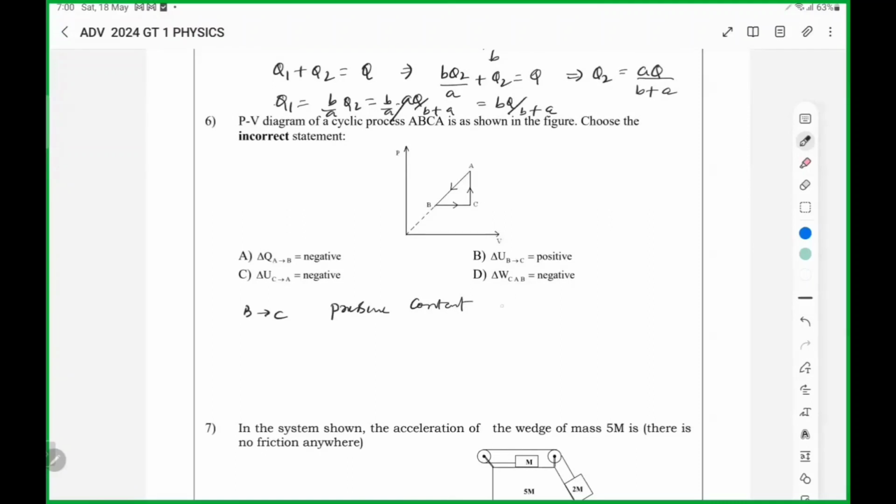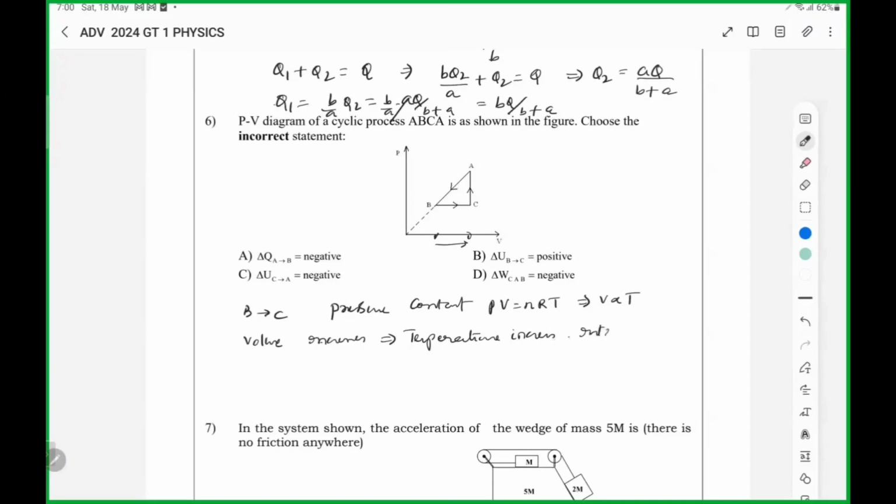Pressure constant means PV here is nRT. V becomes proportional to T. Since volume from here to here, it increases. So volume increases, which implies temperature increases.